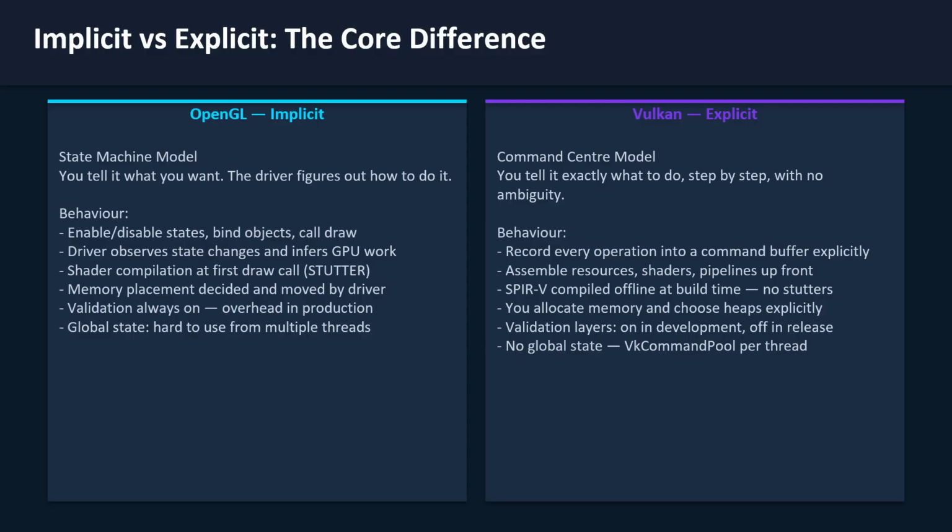Now if you look at Vulkan, it's much more explicit. I won't go deep, because we will learn these over time, but quickly, when we say Vulkan has explicit behavior, that means you are recording your commands into command buffers explicitly.